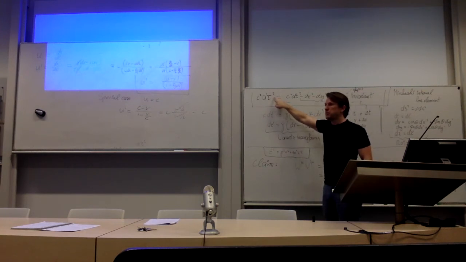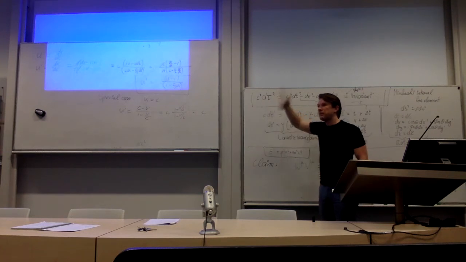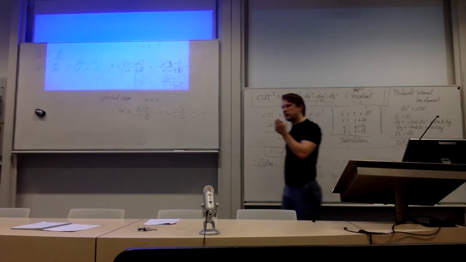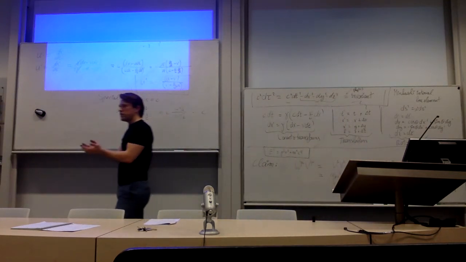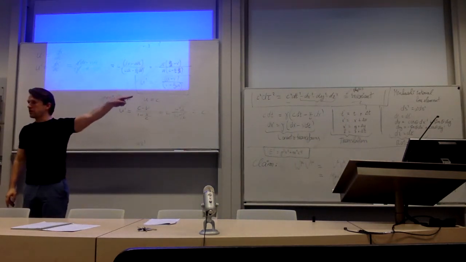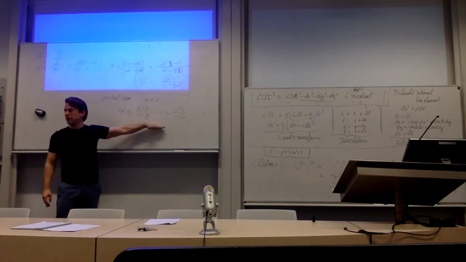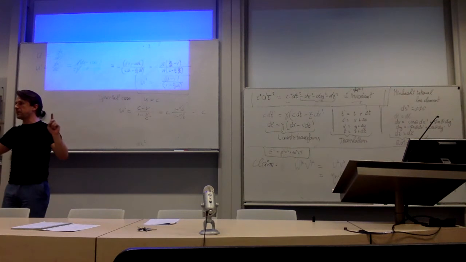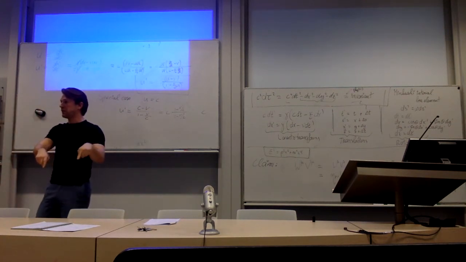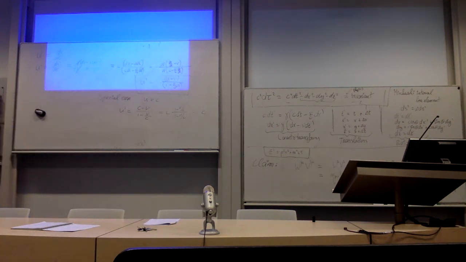We built up everything assuming that d tau itself is not 0, because we've been dividing through d tau all this time. So your question does not agree with our initial assumptions. This formula does not hold for observers moving with the speed of light, even if they look at something that goes with the speed of light. We're dividing by 0. This is the reason why your question does not fit our initial conditions.